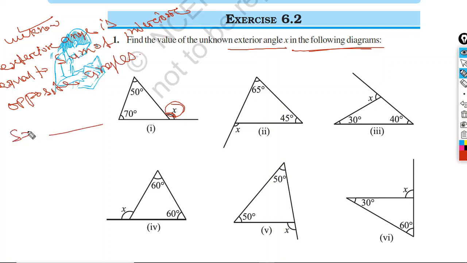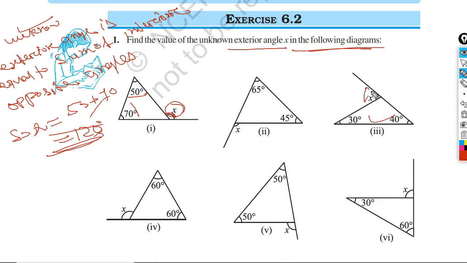Therefore X is equal to 50 plus 70, which will be equal to 120 degrees.